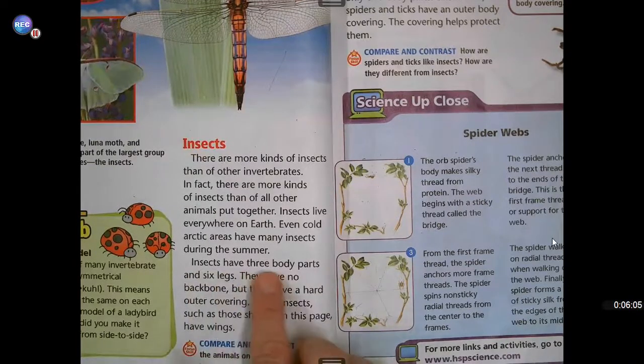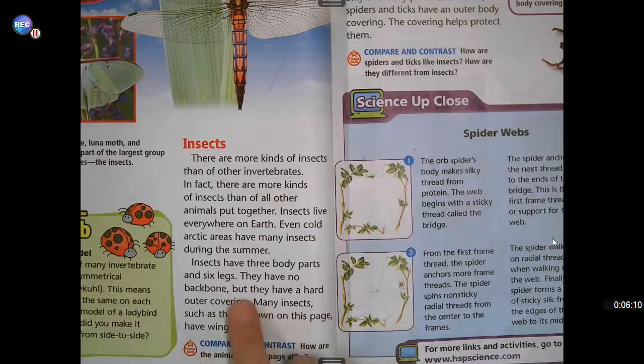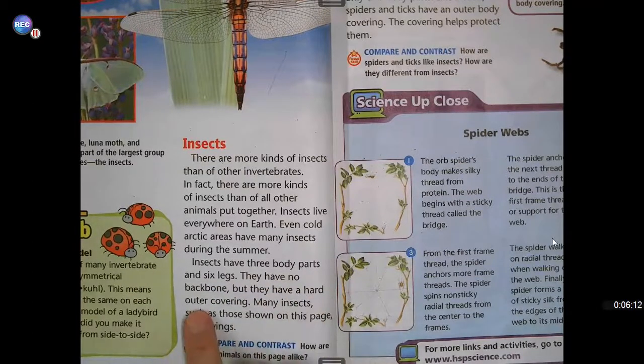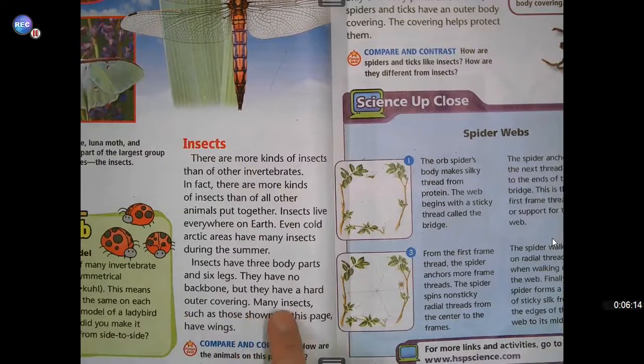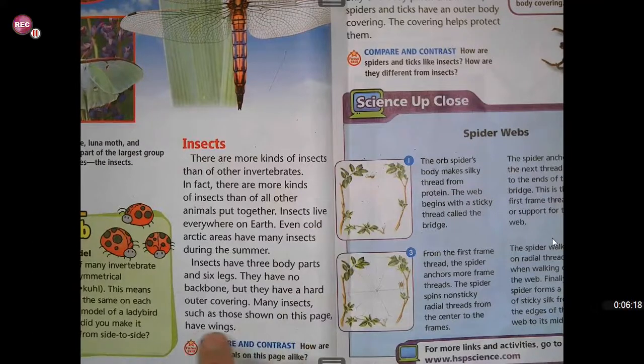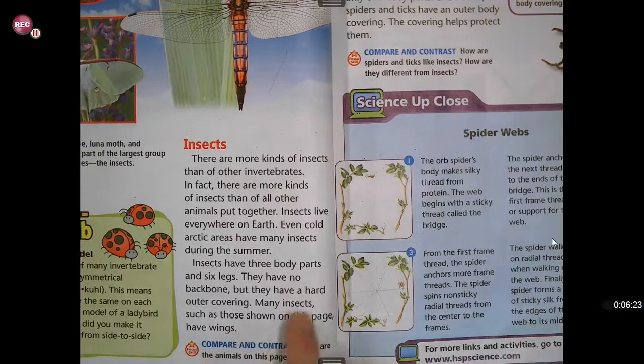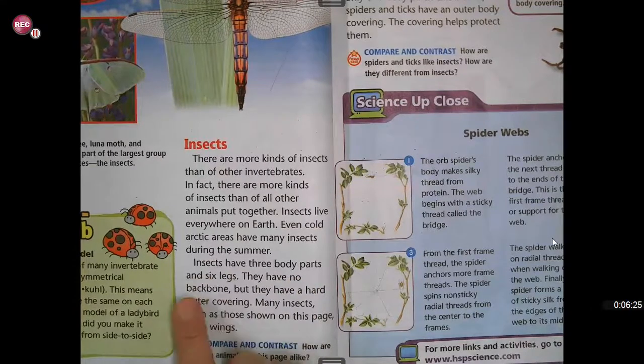Insects have 3 body parts and 6 legs. They have no backbone, but they have a hard outer covering. Many insects, such as those shown on this page, have wings. Okay, so this page describes a lot about different types of insects. They have 3 body parts, 6 legs. They have hard outer coverings, and many of them have wings.